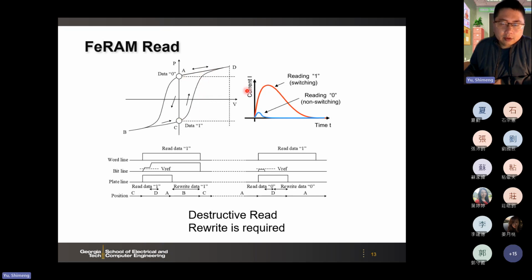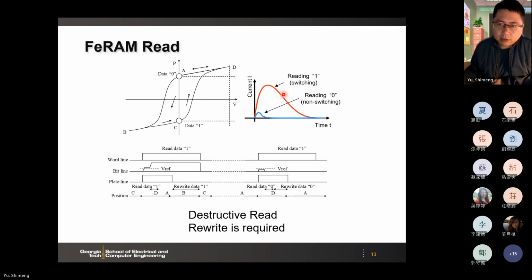When you program up, there is polarization switching, so if you measure the current, you have a large current from the cap. This is because you change the dipoles from down to up. But if the data stored is 0, you only charge up this part, there's no switching, so only the charging effect. You get a transient current from the non-switching charging effect. So you can differentiate the current by the sense amplifier.